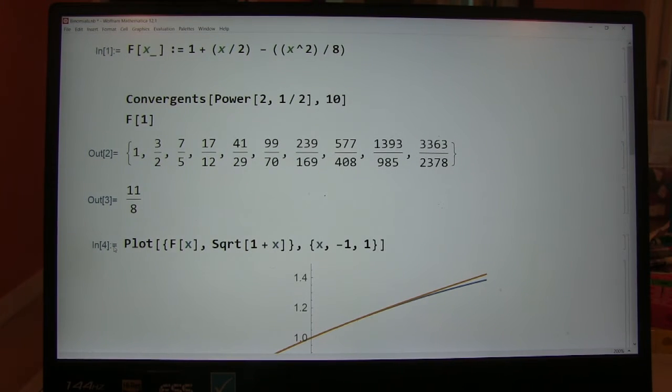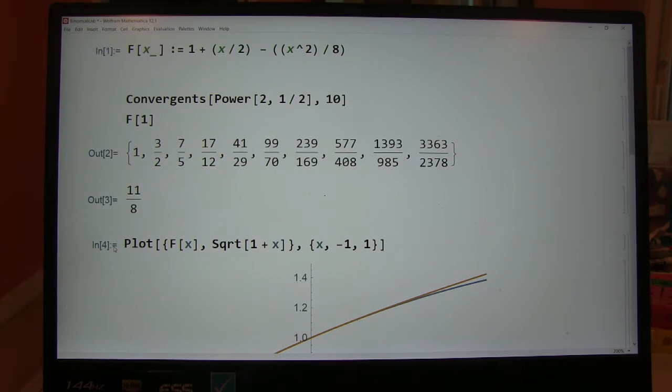Now, what do you think of 11/8 as an approximation for the square root of 2? How could we check without actually doing any calculations? Is that a good approximation? Well, if we square it, we get 121 over 64, and 2 is 128 over 64, so it's relatively good.